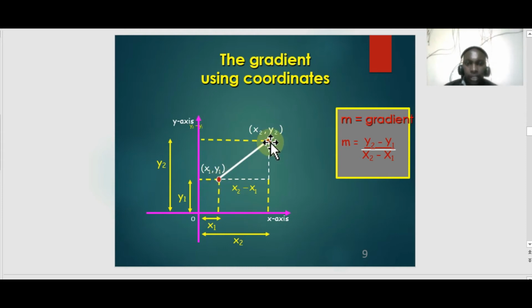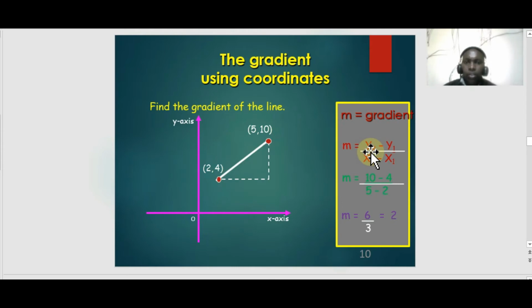The change in the vertical distance is given by y2 minus y1, divided by the horizontal distance, which is represented by x2 minus x1, and that will give us the gradient of this line. So that is how we get the gradient of any straight line given the 2 points.